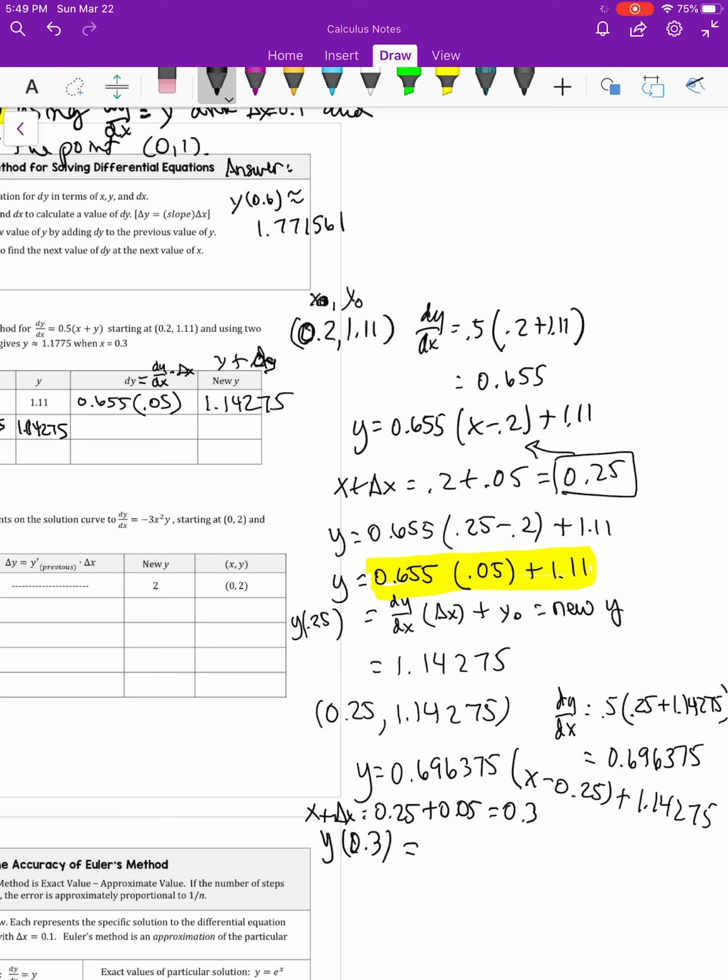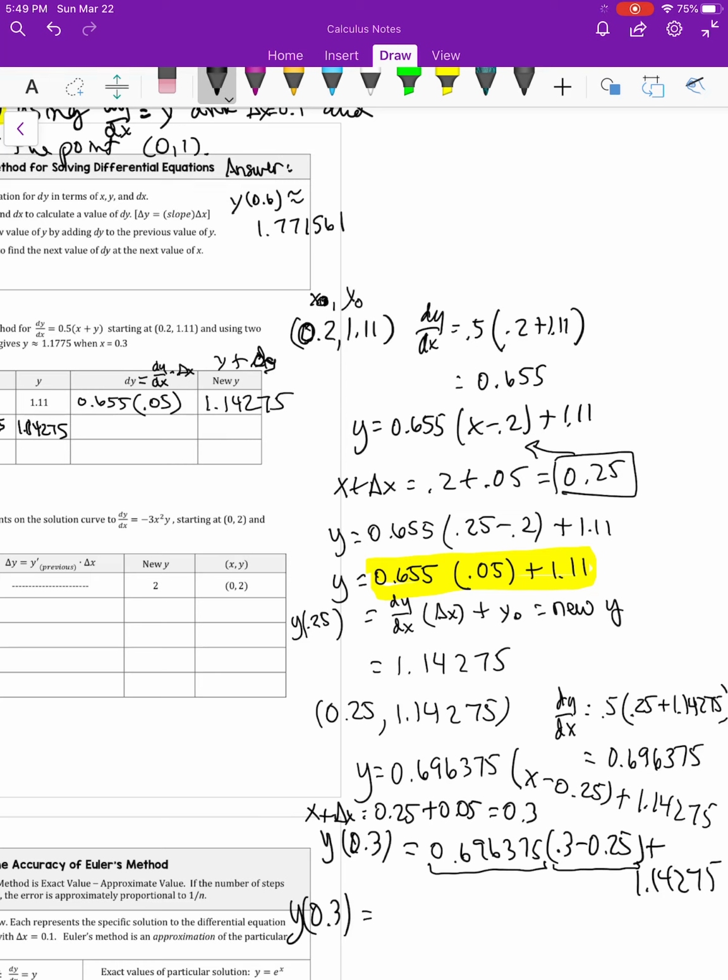So our y at 0.3 approximation is going to be found by putting that into the equation of our tangent line at the previous point. And so our y of 0.3 is going to be approximately equal to, notice that I've got my dy dx times delta x, which is what they're asking you to do.